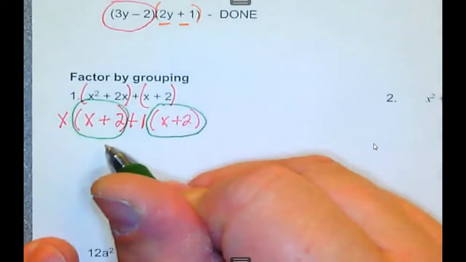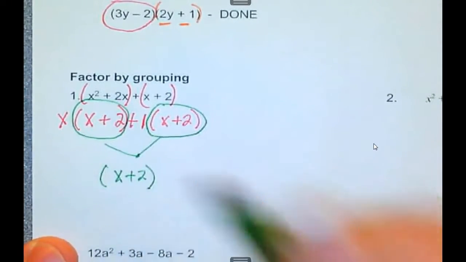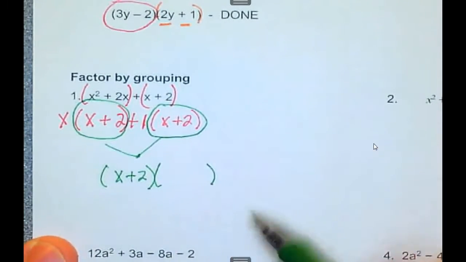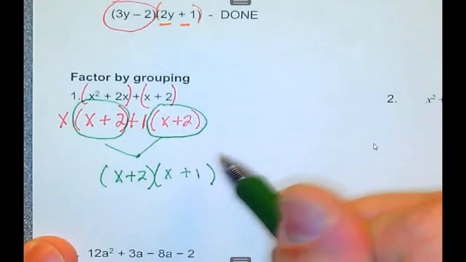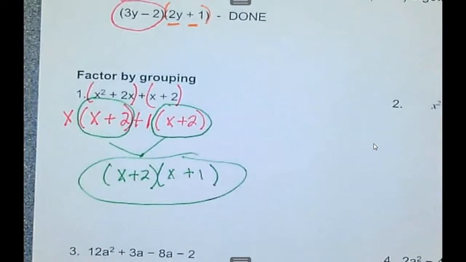So that's one of my factors, x plus 2. Okay. And what I'm left with? x plus 1. That's factored form. Not so hard, right?